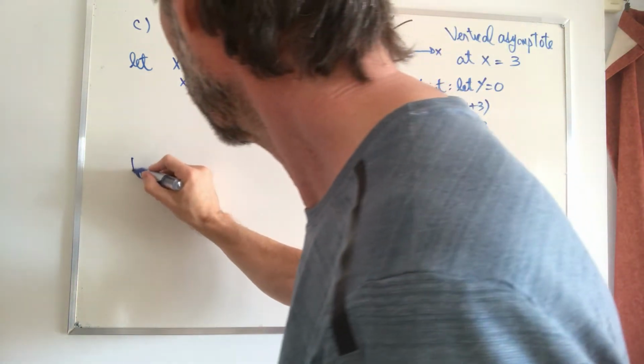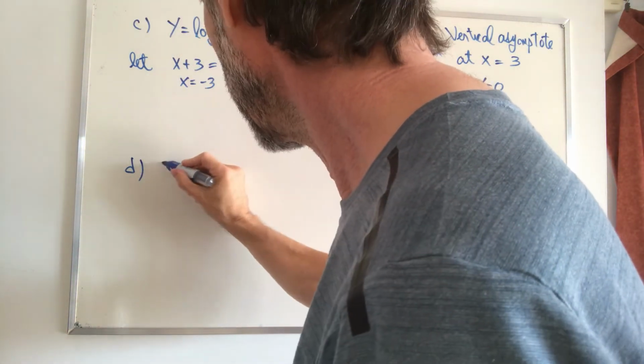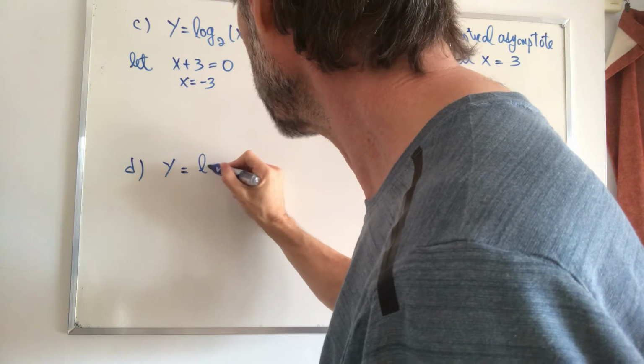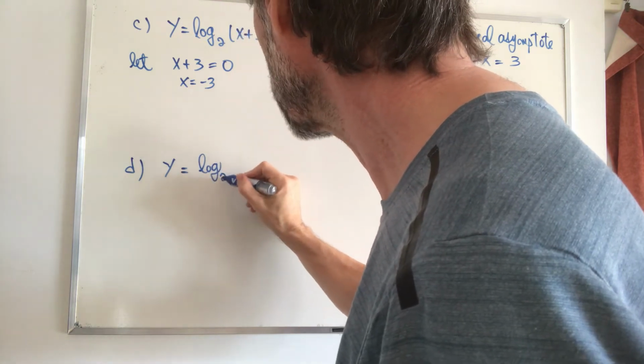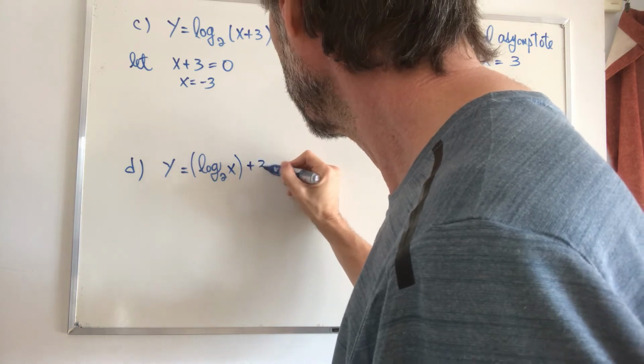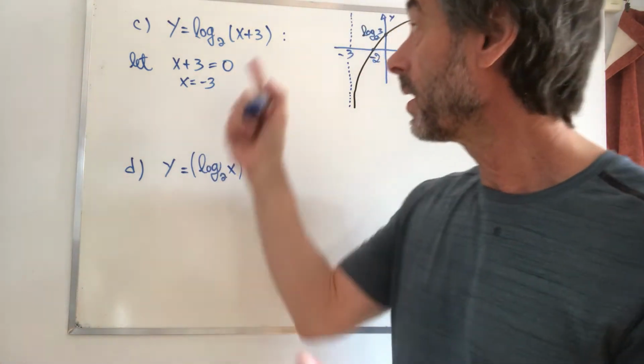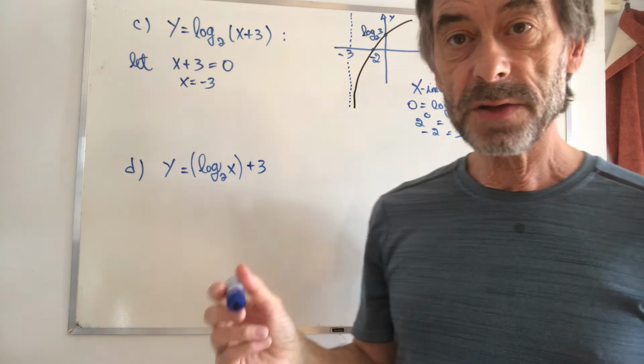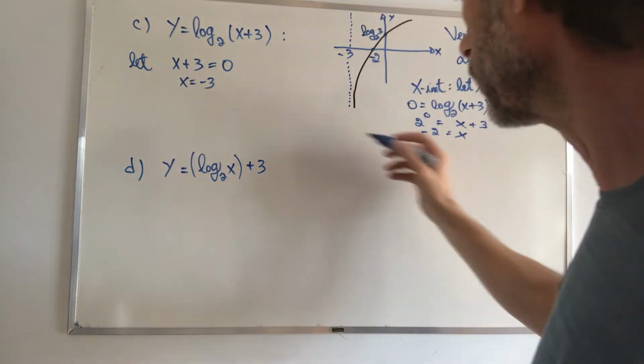All right. One more. This time, y is equal to log base 2 of x, but plus 3. Instead of having the plus 3 inside the log, let's have the plus 3 outside the log. What will that do?